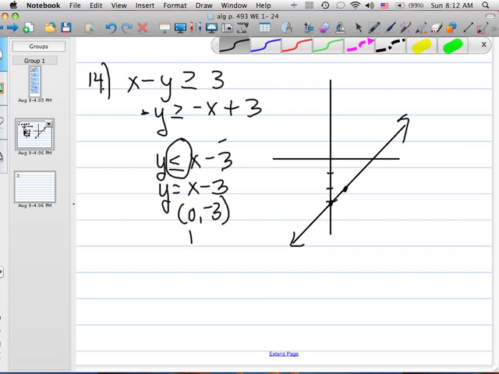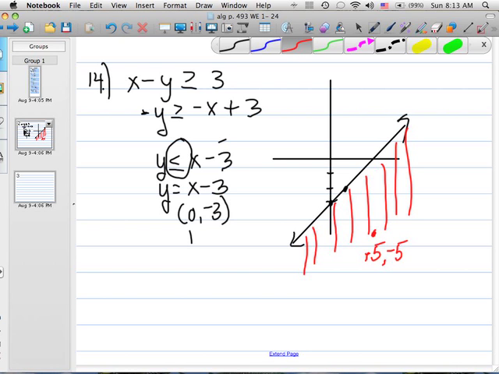Less than or equal to would be shaded below. And I can check. If I pick this point down here, say that's 5, -5, if I plug that back in, x is 5, y is -5, it's got to come out greater than or equal to 3. So that's 5 plus 5 is 10. I've got the right shading.